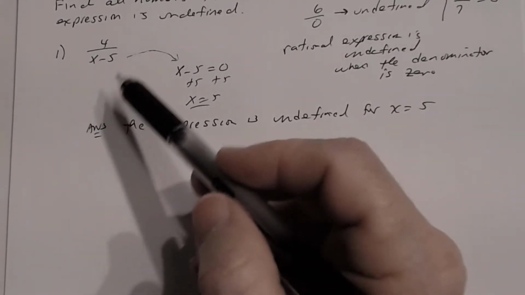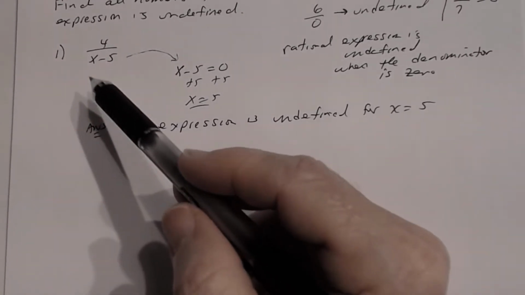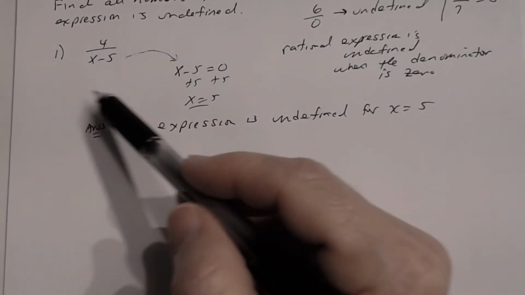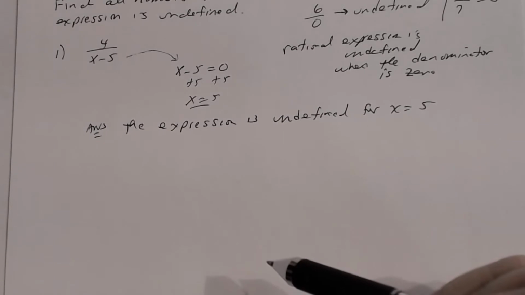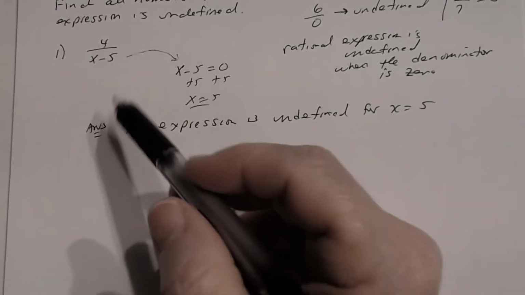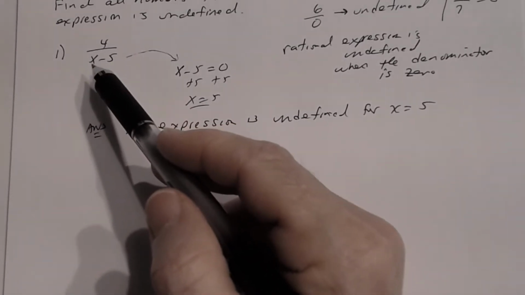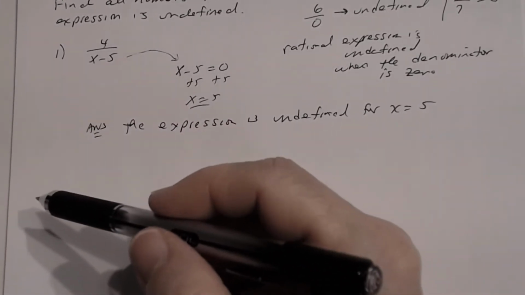In other words, if I use any other number for x, that means any other real number, it will make this expression defined except 5. So if I let x be 8, my denominator is 8 minus 5, which is 3, right? So I get 4/3. That's defined.